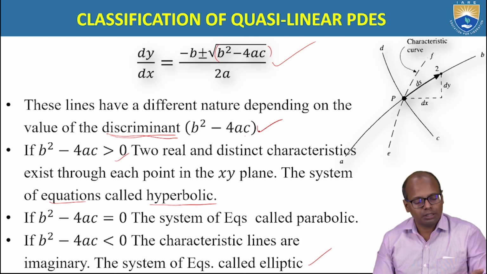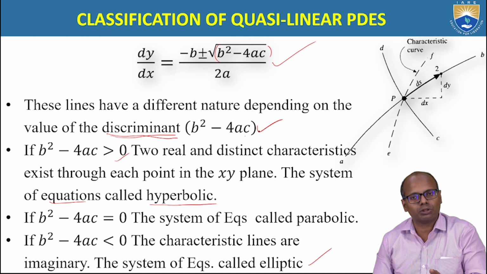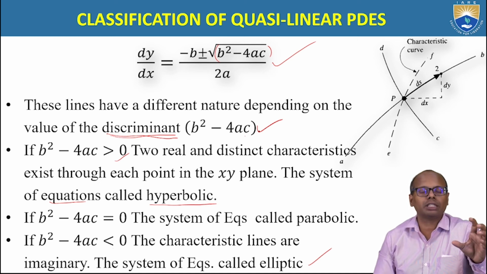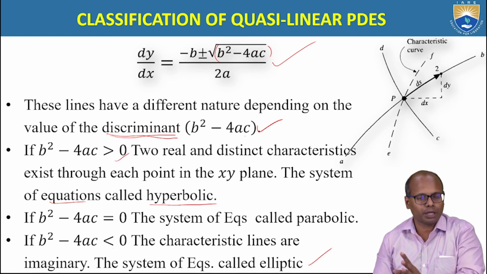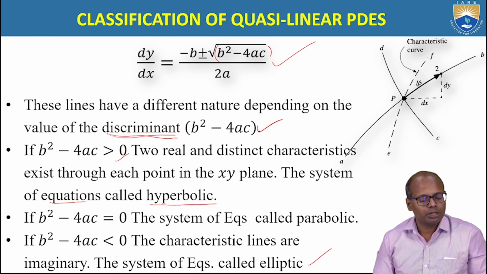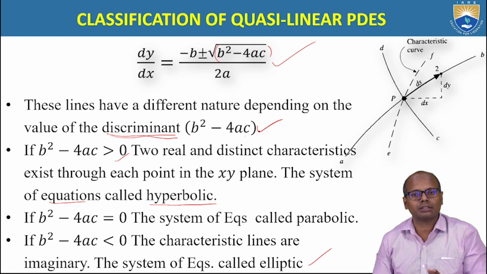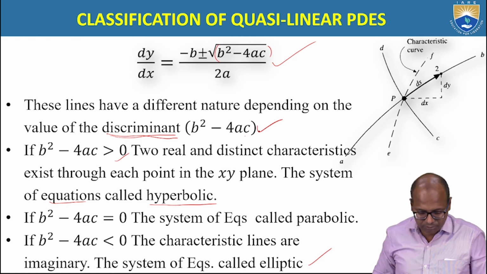If b square minus 4ac is equal to 0, then the quasi-linear equations are parabolic. If b square minus 4ac is less than 0, then the characteristic lines are elliptic in nature.